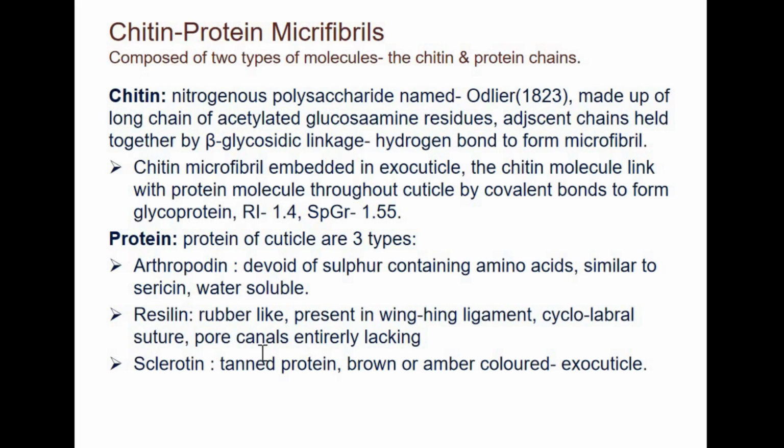The first example is the wing hinge ligament, and the second one is the cyclolabral suture, which gives articulation to a particular region, particularly to the wing and to the labral region. Such a resilin is composed of about 60 amino acids arranged in a linear fashion and cross-linked, to ensure the elastic properties of the protein chain.